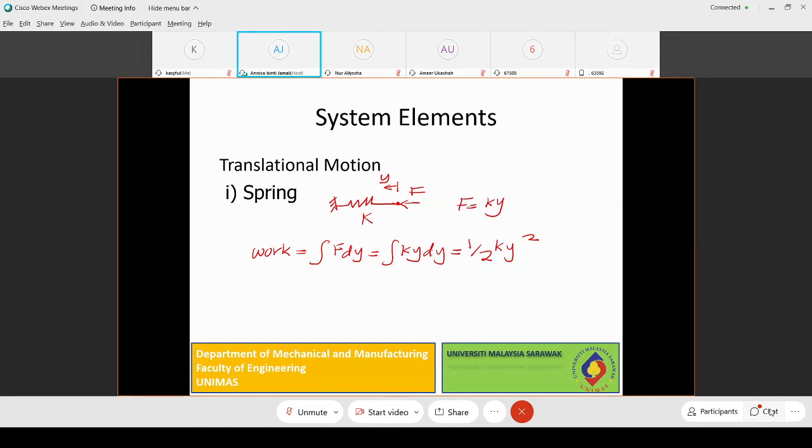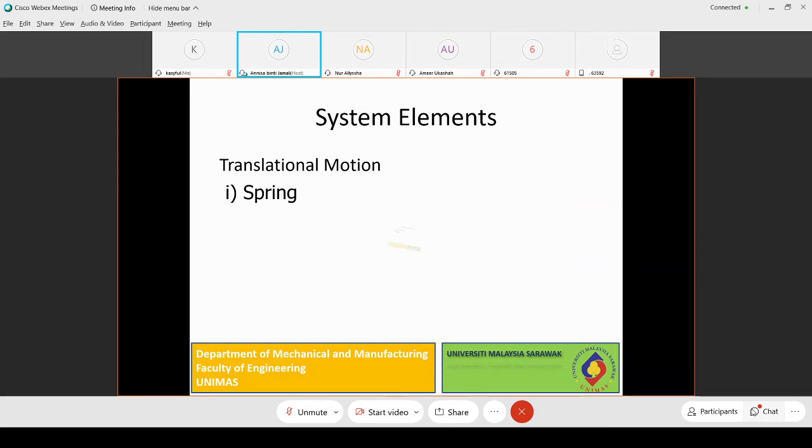This half k x squared is the potential energy equation, PE. So the spring stores energy, half k y squared.